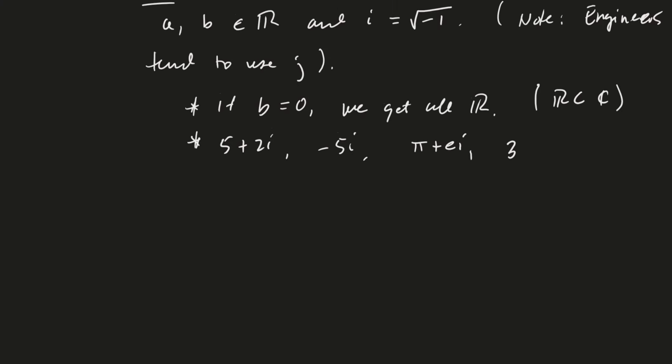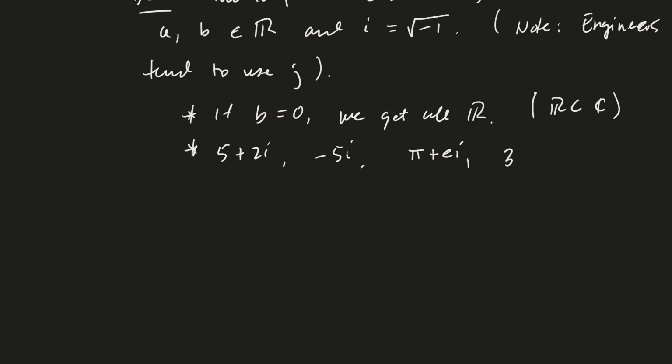We also, if we look at the powers of i, we'll see that they're cyclic. So i is equal to the square root of minus 1, right? So what is i squared? i squared would be minus 1. So what is i cubed? i cubed is minus 1 times i, which is minus i. And what would i to the fourth be?